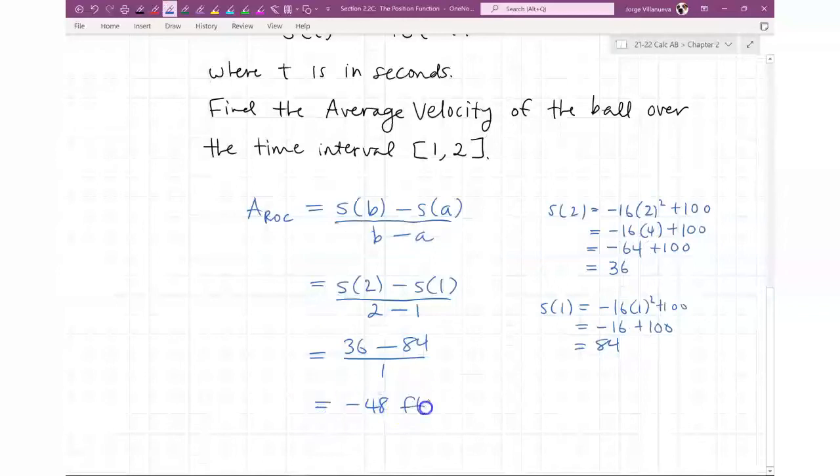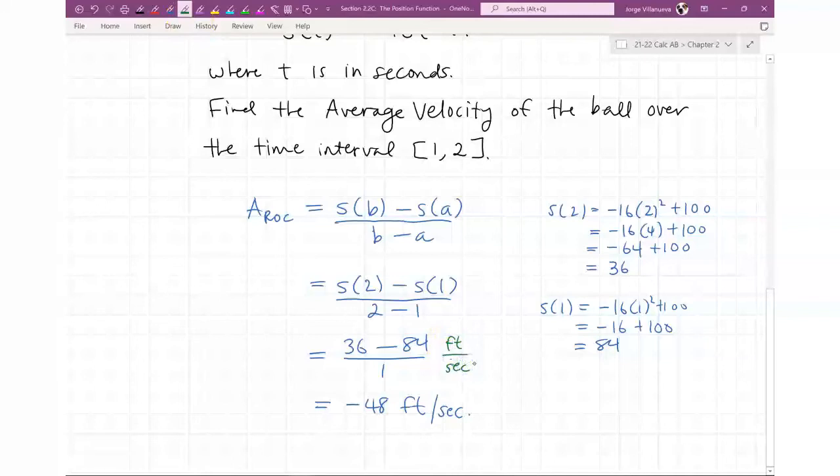And this would be feet per second, okay? Again, how do I know? Well, because they told us that it was dropped from 100 feet high. So that means that my position is in feet. My time is in seconds, right? So this would have been in feet. This would have been in seconds, the bottom part, right? So it's feet per second.